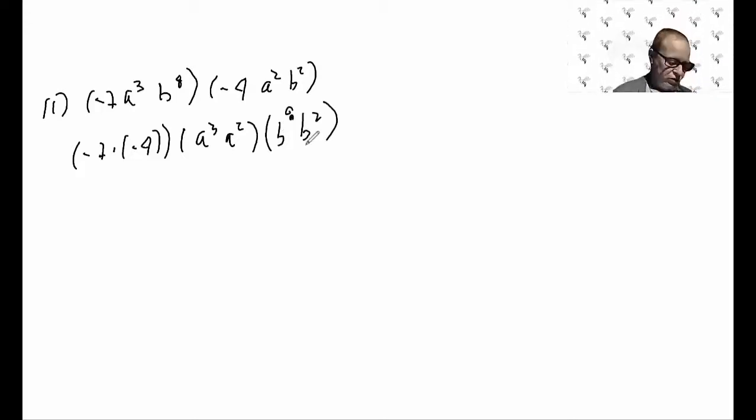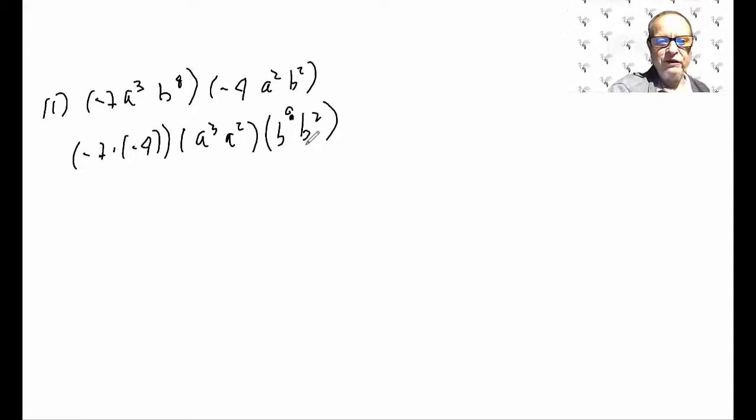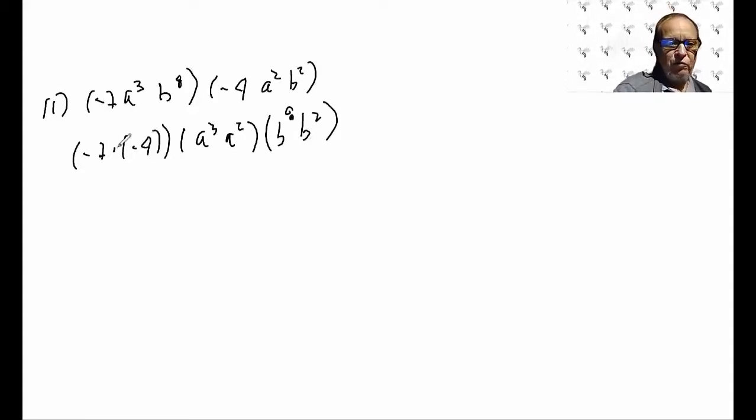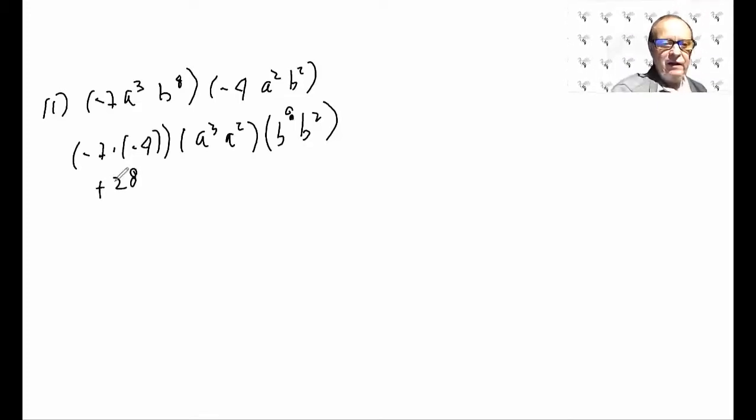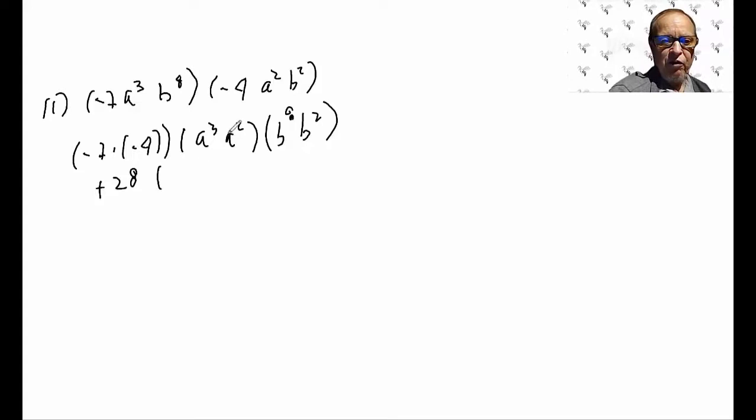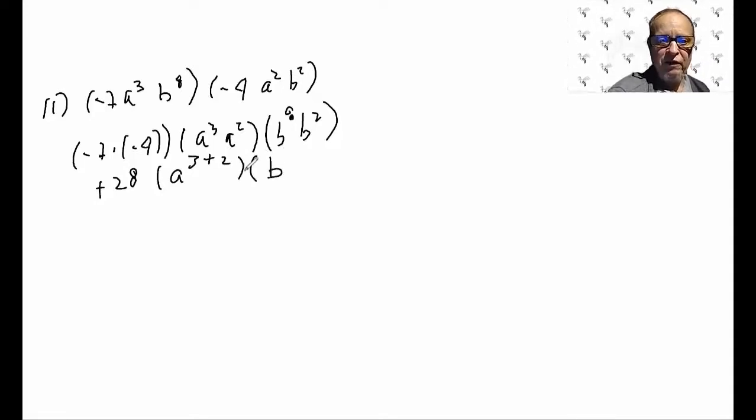Now I'm going to use my product rule for the letters, but I'll just use regular multiplication for the numbers. I find negative 7 times negative 4 is positive 28. Then I use my product rule for a, 3 plus 2, and for b, 8 plus 2.